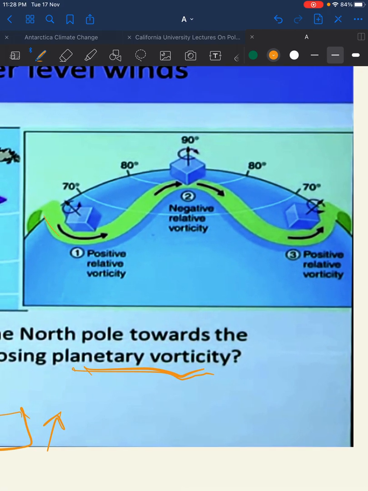Now this is our jet stream, which is moving from west to east in some kind of meandering form. Now how to know whether the relative vorticity is positive or negative? I have a simple technique for this. So this is your point 1.